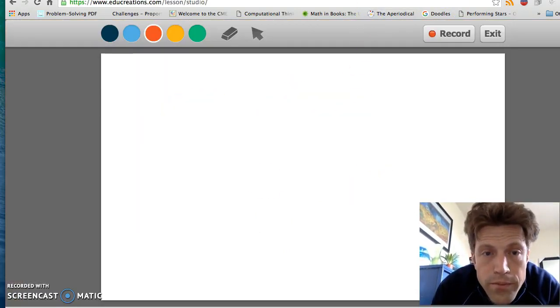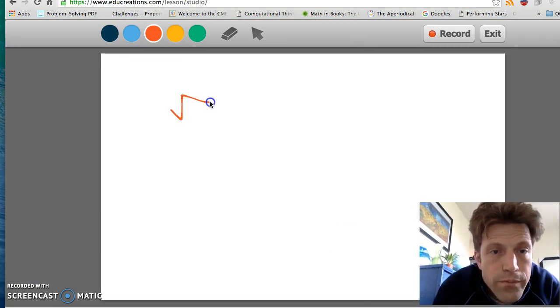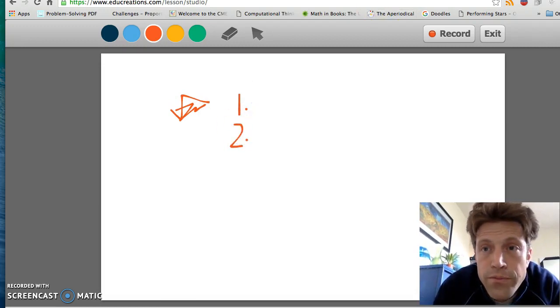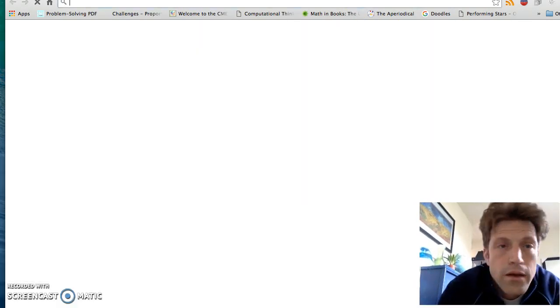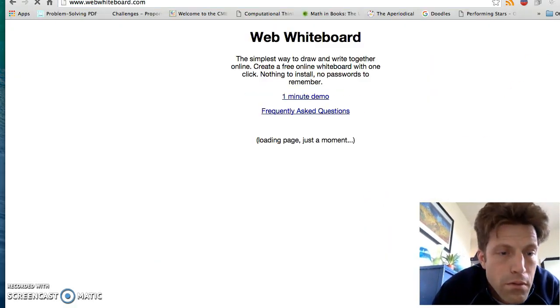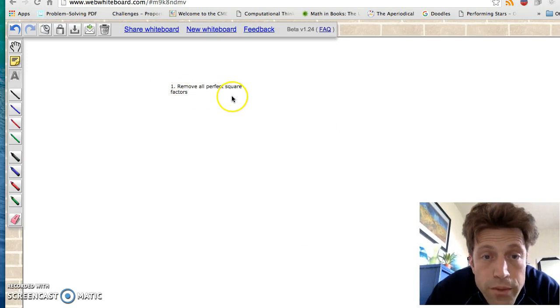So if I say the square root of 32, there's basically three deals to simplifying radicals, 3 rules. And the first rule is going to be remove all perfect square factors. Remove all perfect square factors.